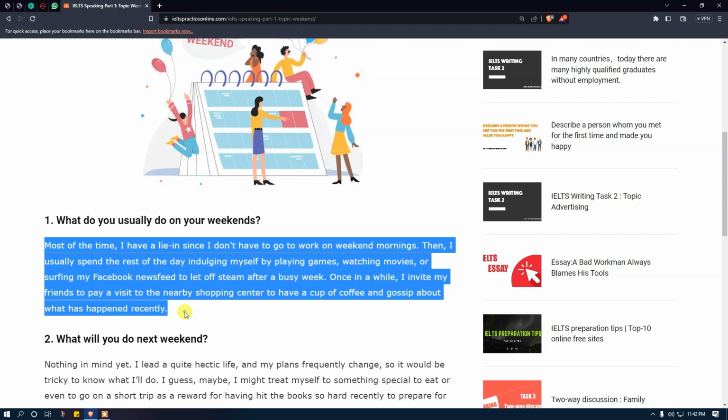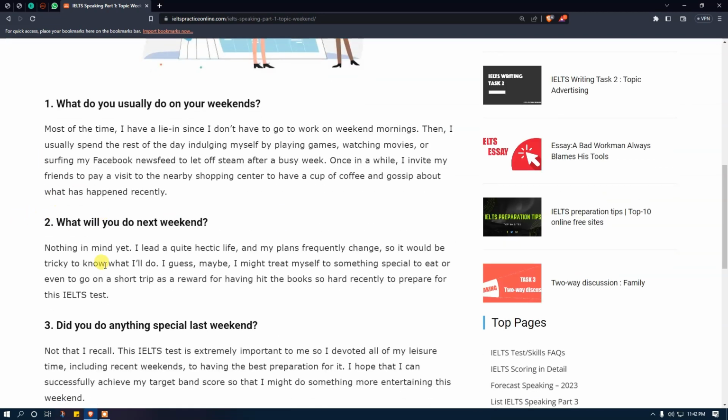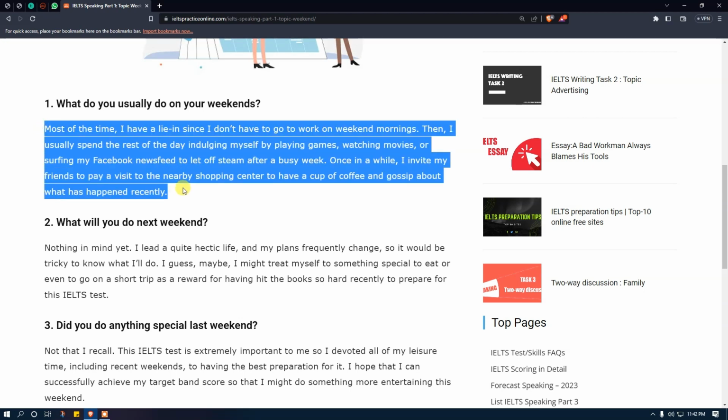What you have to do with the questions and answers: first of all, read the question carefully. What do you usually do on your weekends? And then read the answers loudly, which will help you improve your speaking, and you can generate ideas about what to say before the examiner.